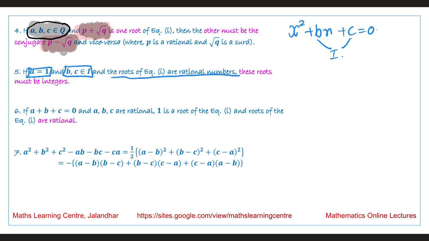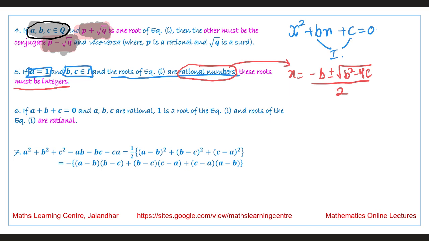So the roots of this equation are x is equal to minus b plus minus square root of b square minus 4c upon 2, and it is given that this is a rational number. Then these roots must be integers. So we are being given that this is a rational number.